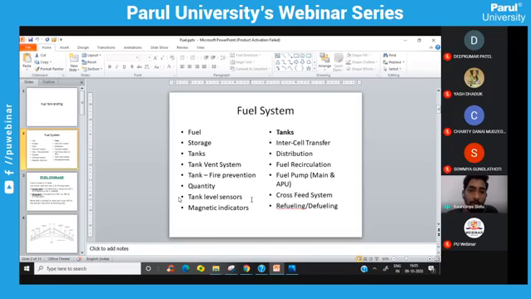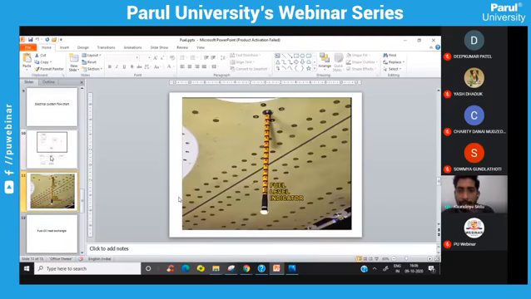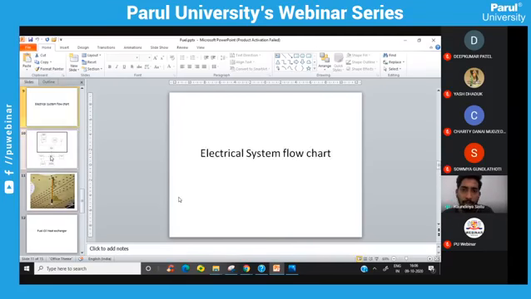Tank level sensors are also quantity level sensors, but these also indicate how much fuel quantity each rib has, how much height is maintained, or whether it should be flowed down or pumped up to the ribs. Magnetic indicators are also fuel sensors as well as chip detector sensors. Yes, this is the fuel level indicator, capacitor type. Even the magnetic type is like this itself.